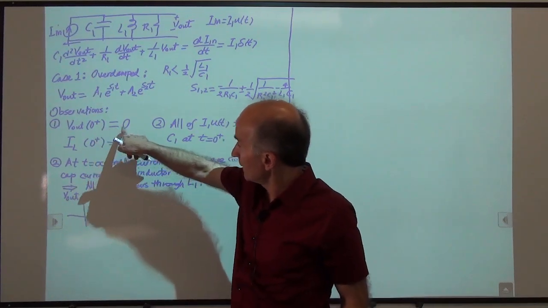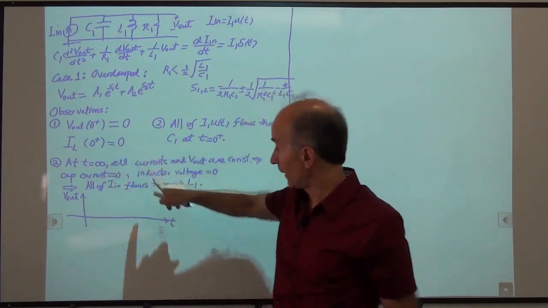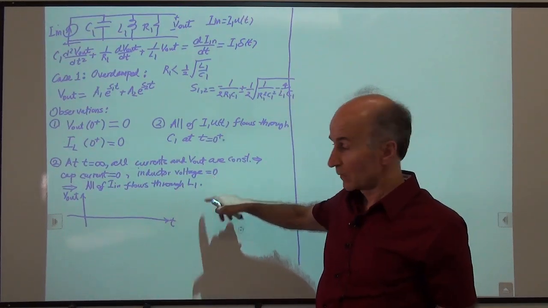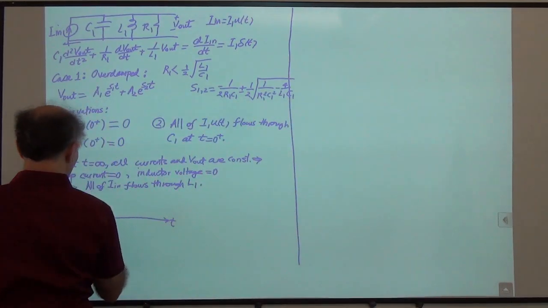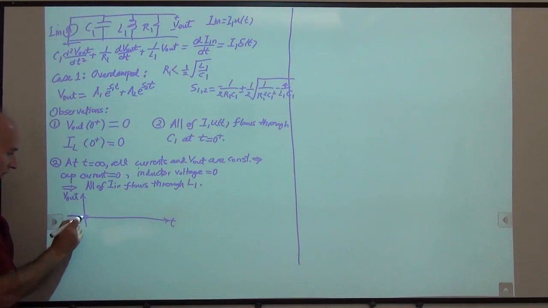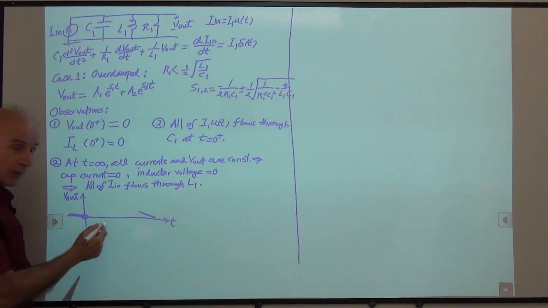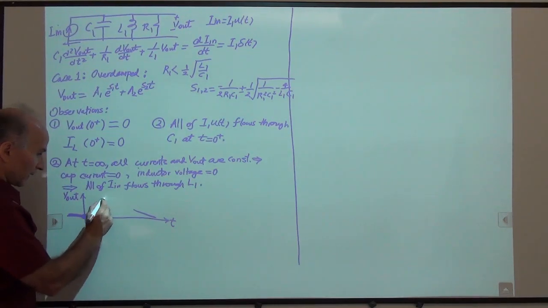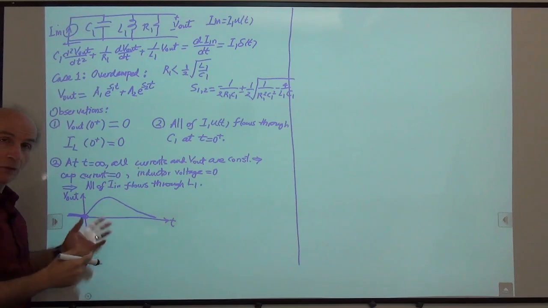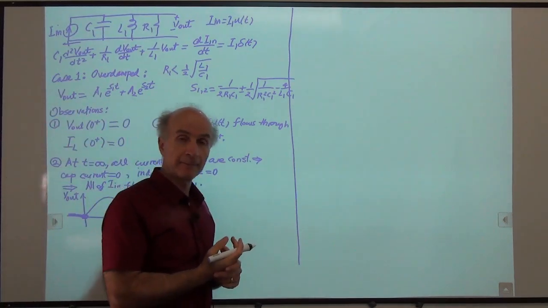So we said that 0 plus is 0, right? We said that time infinity is also 0. So over here it's 0, and then over here it goes to 0. And in between it does something, so it's probably something like this. We don't exactly know, but it has some sort of shape like that.